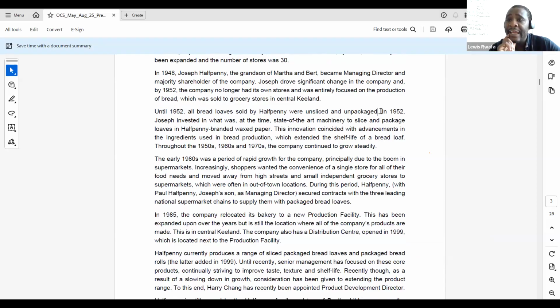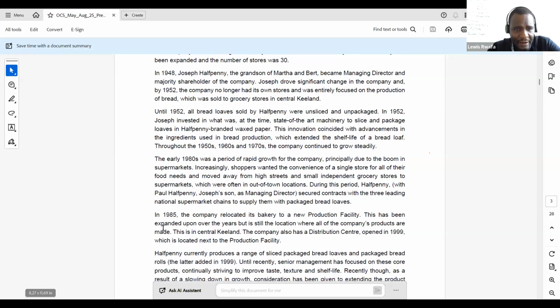When they are buying the raw materials at a certain price, the price might change. So we might budget to say we are going to buy our raw materials at so much, but because of other factors the price might change, so variances become something I should look into. Then they continue to grow.